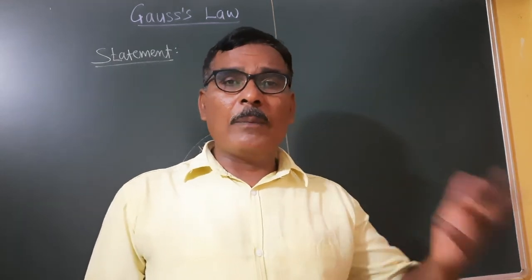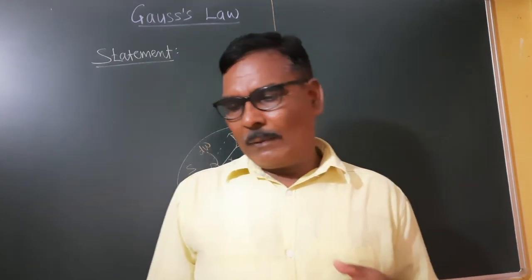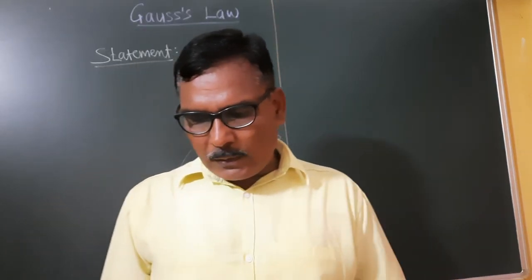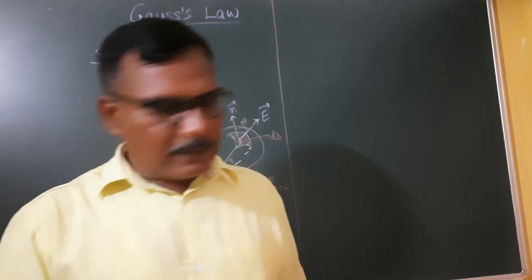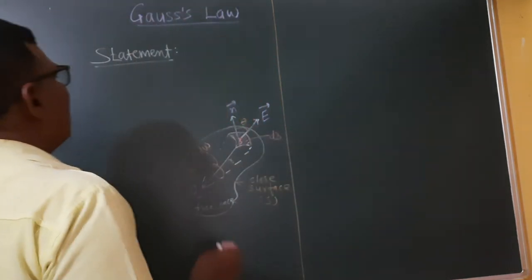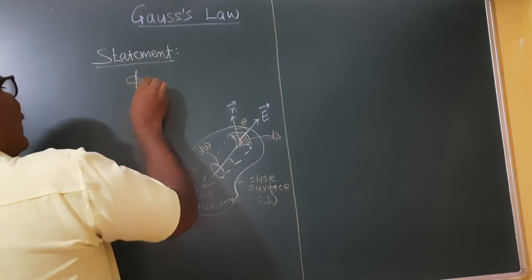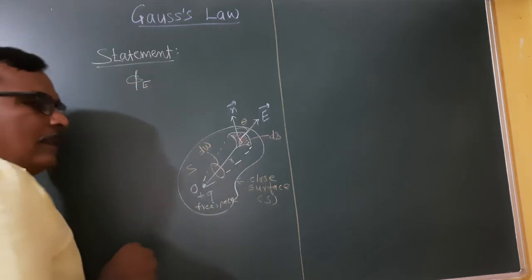First of all, we are familiar with Gauss law from 12th standard. We have also studied the statement of Gauss law. According to Gauss law, the electric flux, which we studied in the last period, that is phi E, is called what? Electric flux.